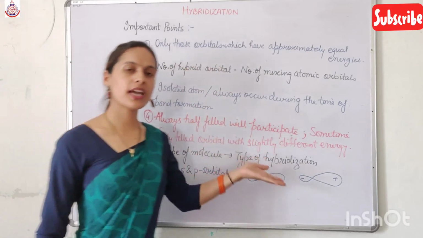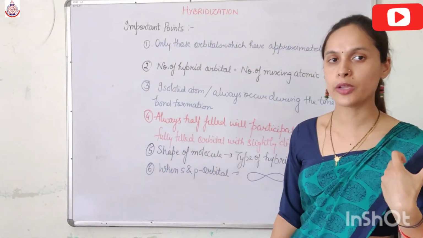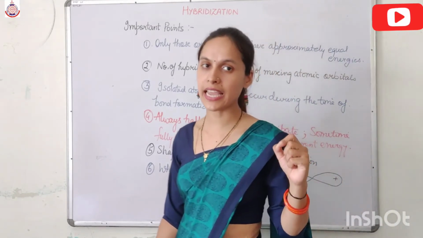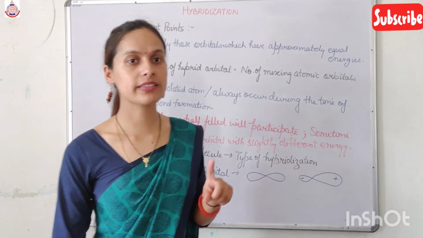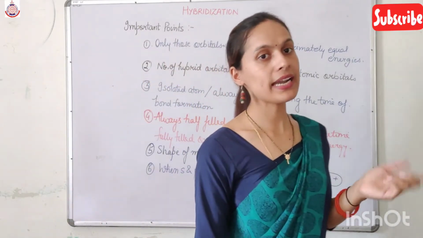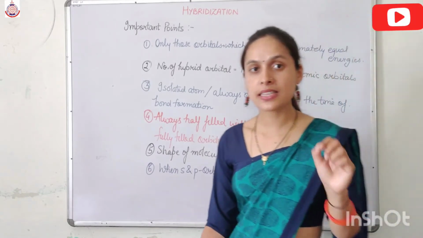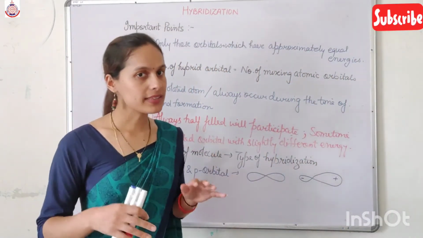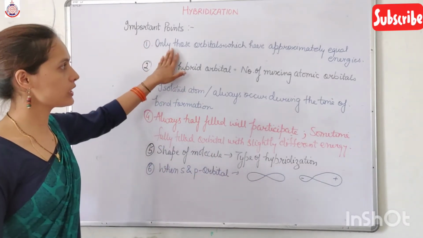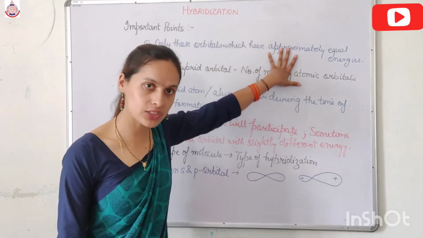So what is hybridization? It is the intermixing of atomic orbitals with slightly different energies, resulting in the formation of a new set of orbitals having the same shape and energies due to the redistribution of the energies in the mixing atomic orbitals. This is hybridization. At the time of hybridization, only those orbitals will combine which have approximately equal energies.